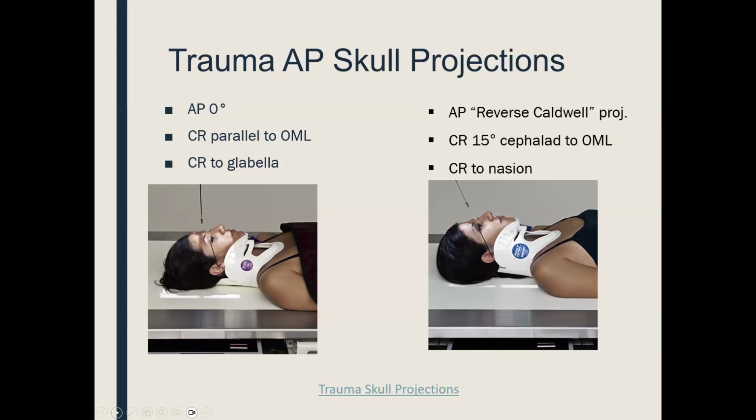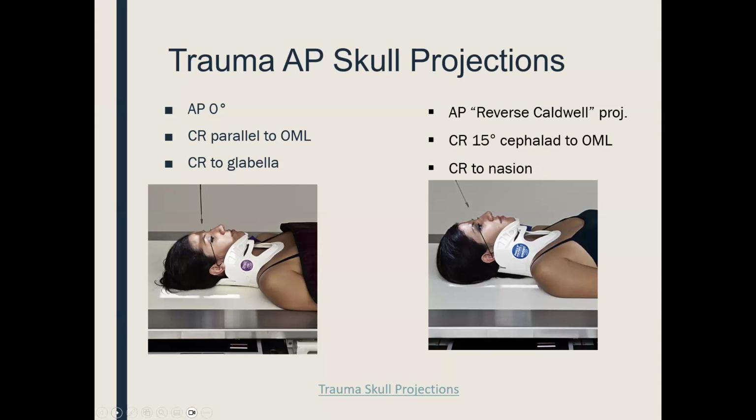It should be parallel. The central ray should be parallel, but if it's not parallel, then you would have to adjust the central ray. So there again, this is using a lot of critical thinking skills, knowing how to properly perform these procedures and adapting them to your patient.